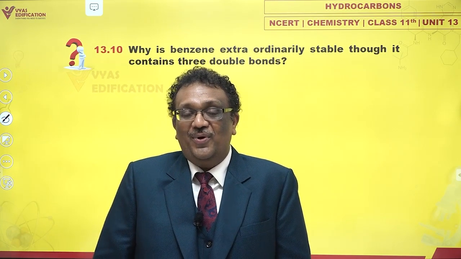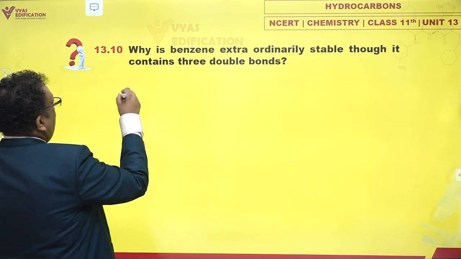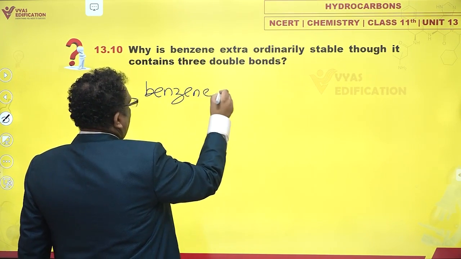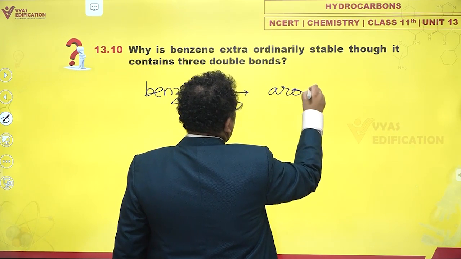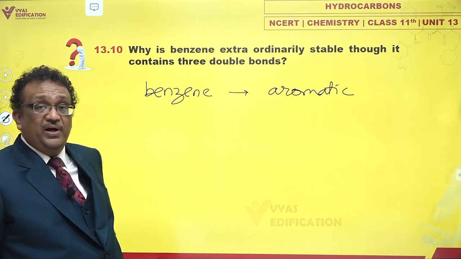What exactly is aromaticity? So first of all, why is benzene more stable? This is because benzene becomes aromatic. And what is the meaning of aromaticity?